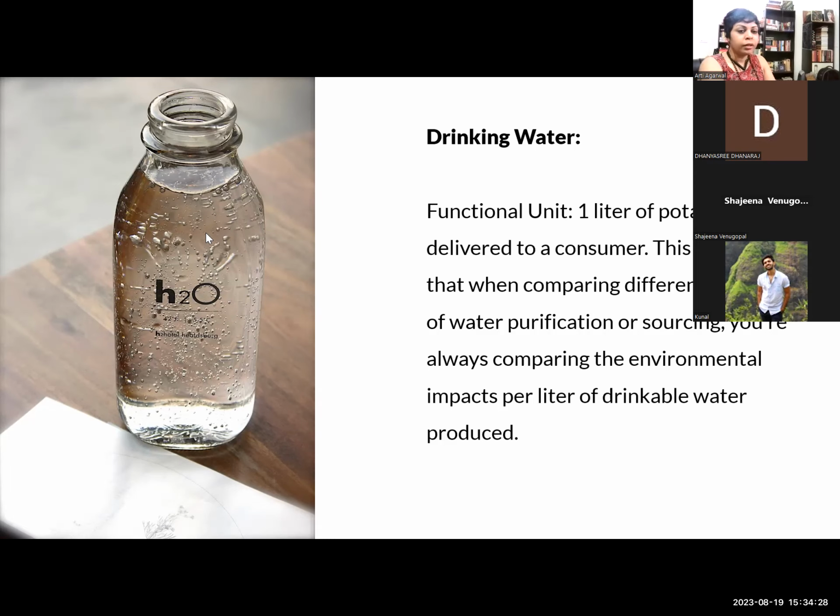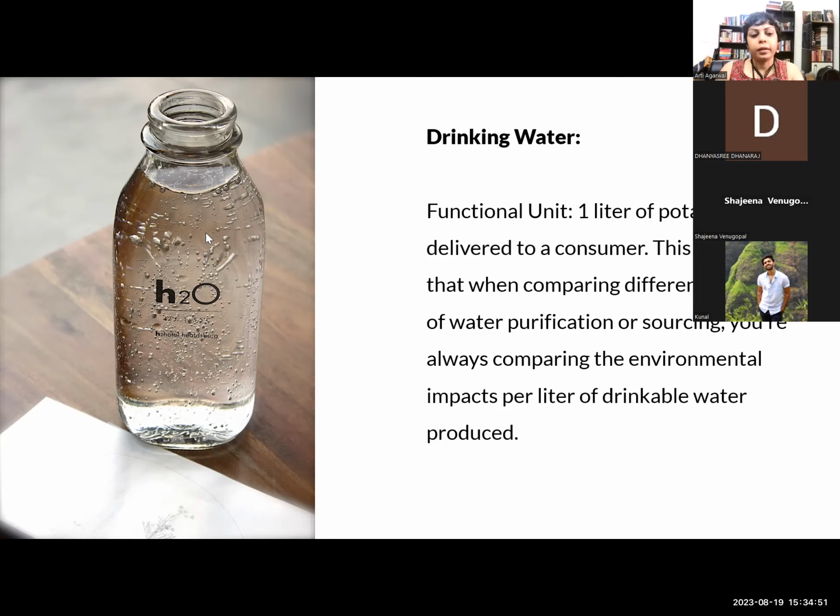I'm just saying you cannot even compare two solutions unless you have something consistent between them. You cannot compare apples and oranges. So if you compare a 1 liter water bottle and 1 tumbler of water, that's an apple to orange comparison, because they're two completely different entities.